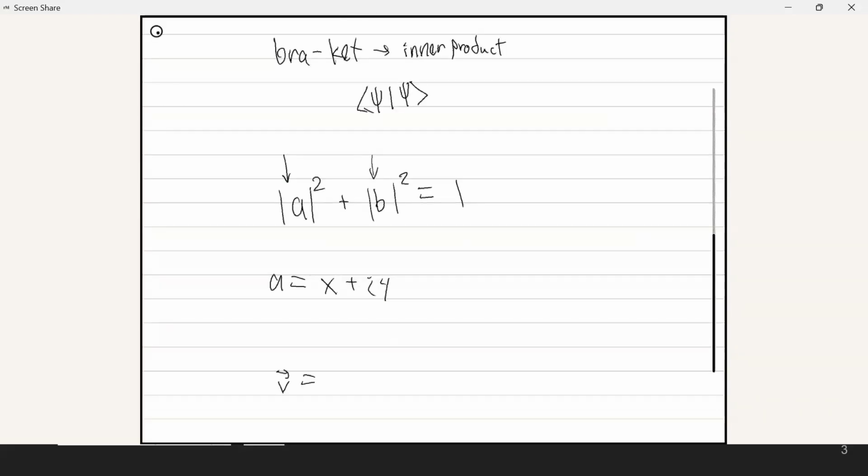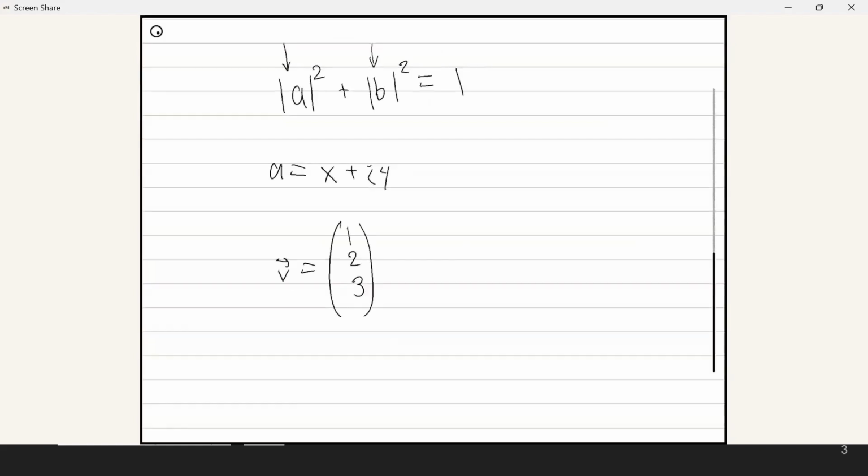So let's say we have a vector, v, and it is 1, 2, 3, maybe. If I want to normalize this vector, whoops, that's lopsided, but don't worry about it. I think you just take the magnitude and divide by it.